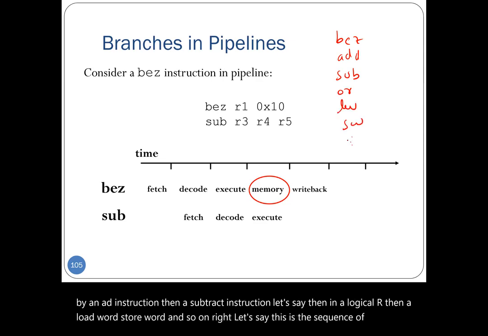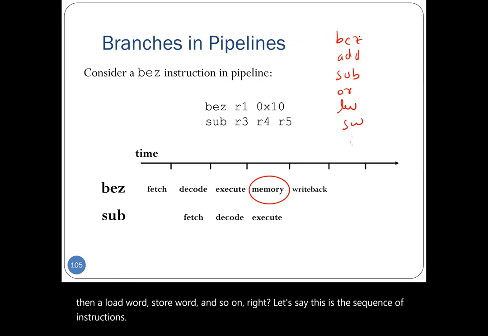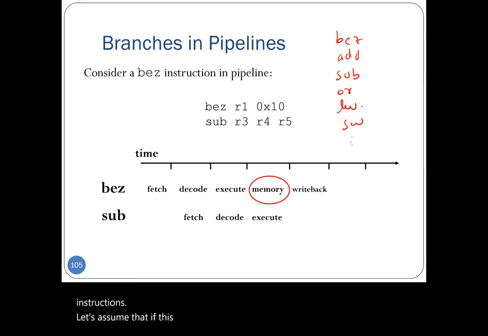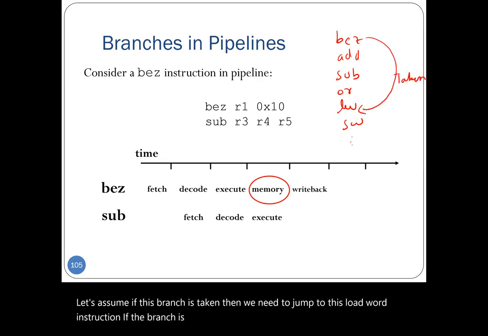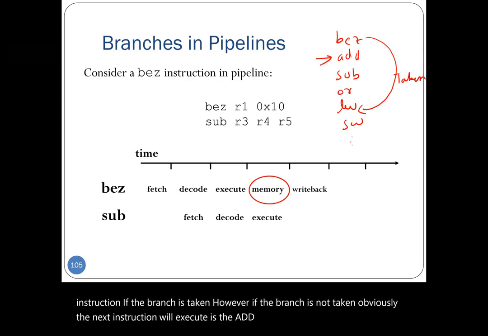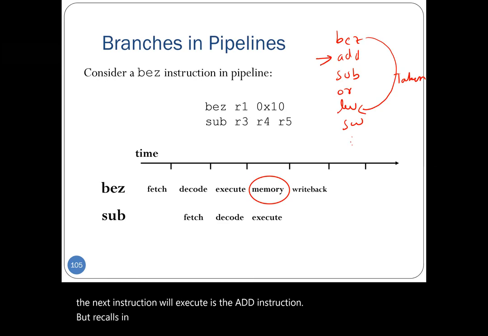Now let's assume that if this branch is taken, then we need to jump to this load word instruction. However, if the branch is not taken, obviously the next instruction we'll execute is the add instruction. But recall, in the ANA pipeline, the branches are finally resolved at the memory access stage.